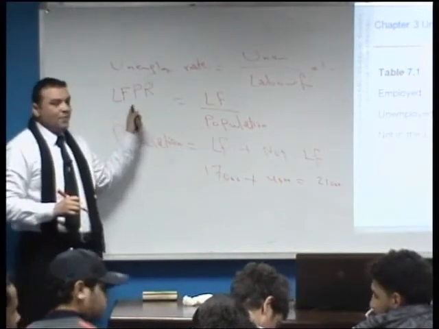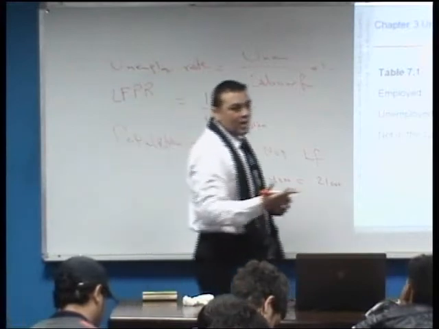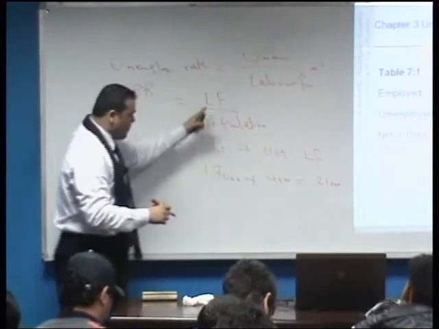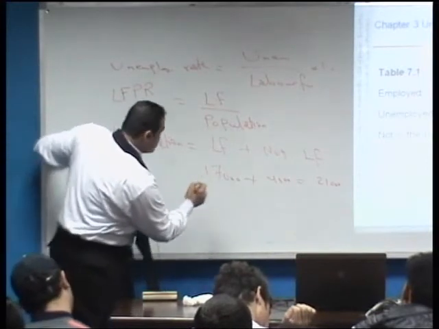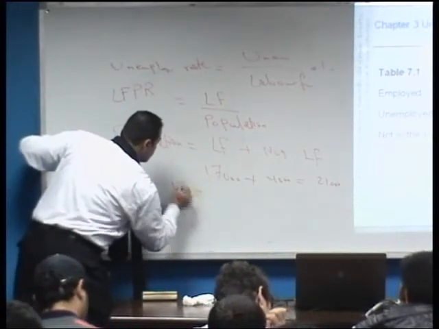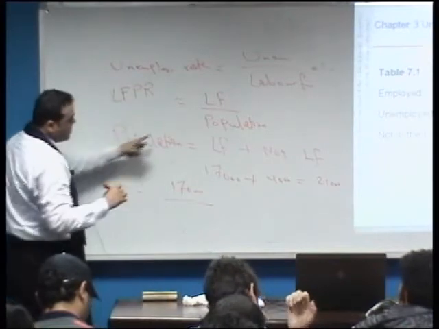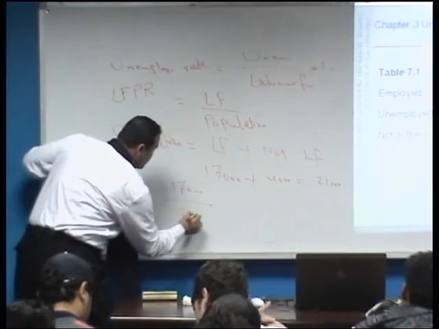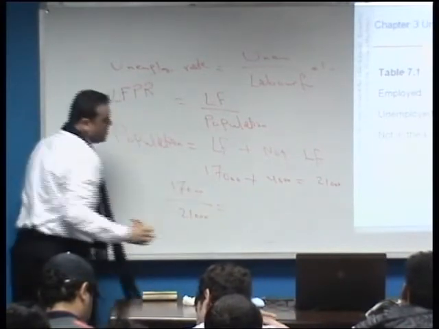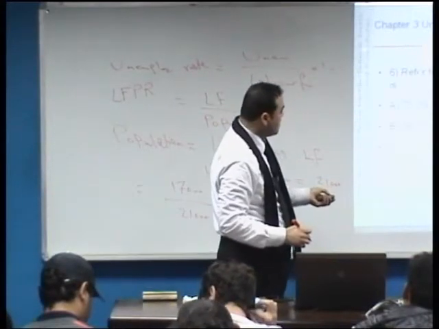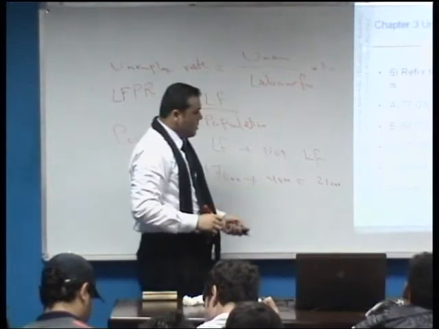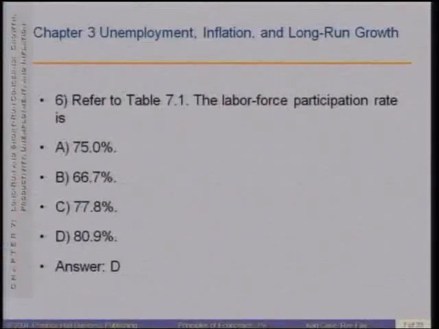So the labor force participation rate equals what? The labor force, the labor force, $17,000 workers over 21,000 equals the percentage. It's already given here. 80.9%.